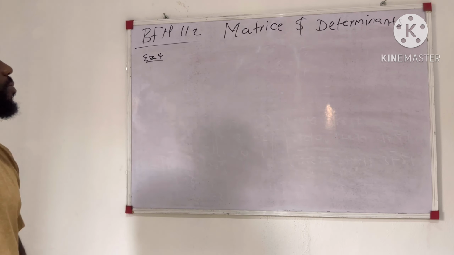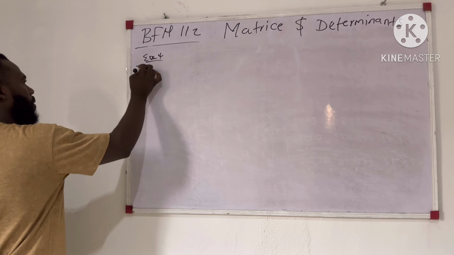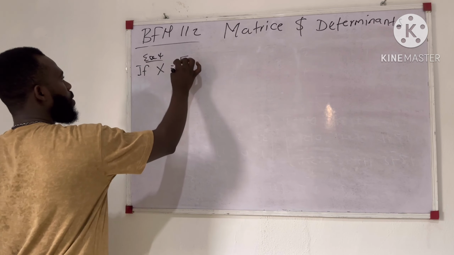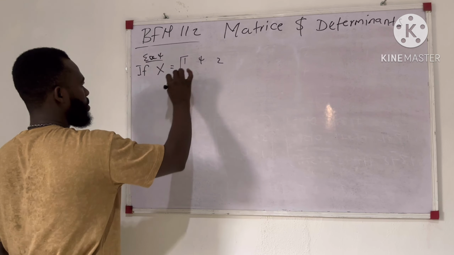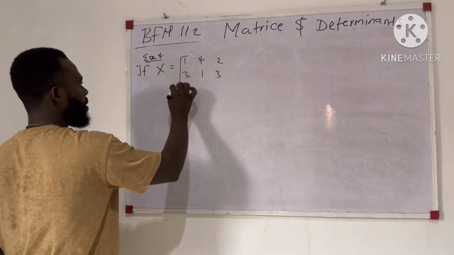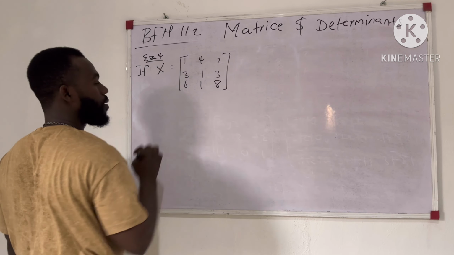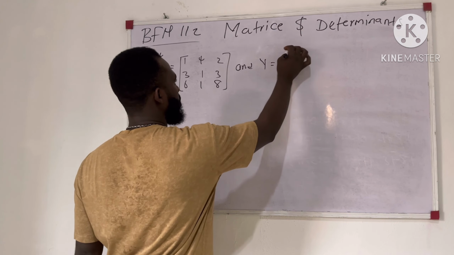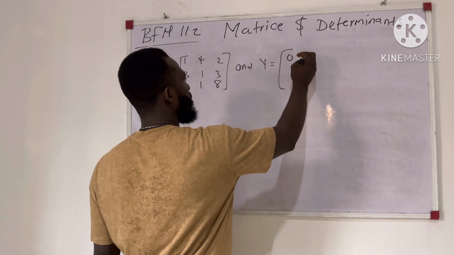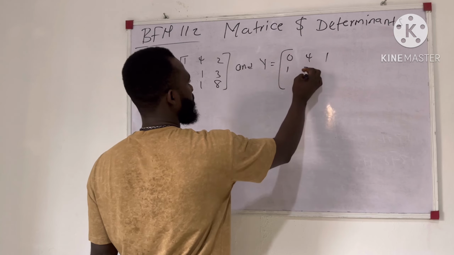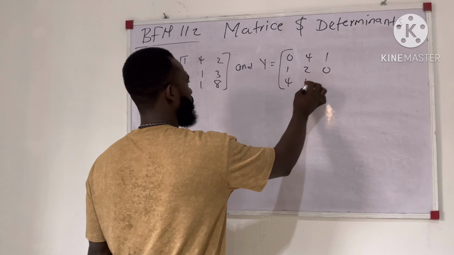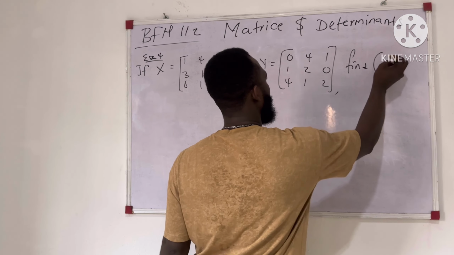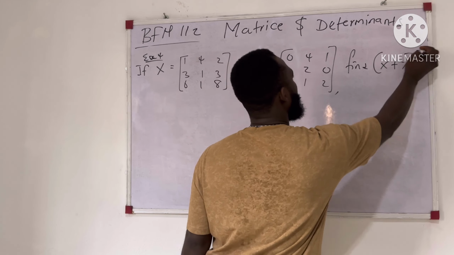Let's take a question. The question says, if the matrix X is equal to 1, 4, 2, 3, 1, 3, 6, 1, 8, and matrix Y is equal to 0, 4, 1, 1, 2, 0, 4, 1, 2, find X plus Y transpose.